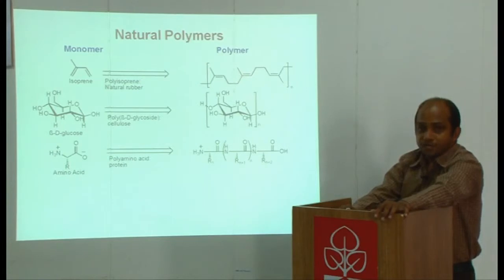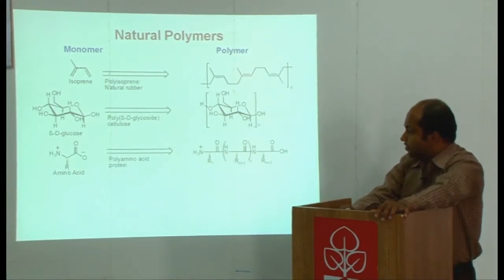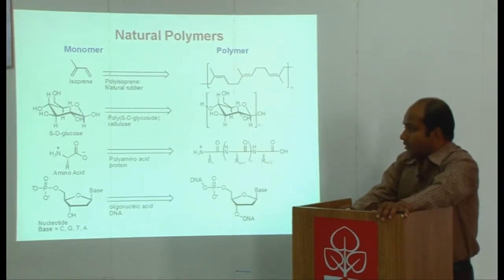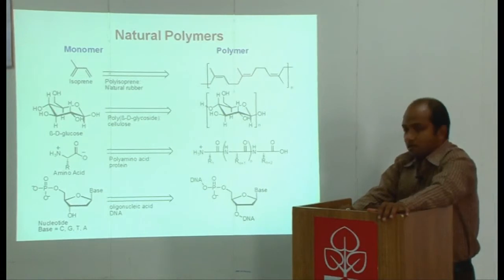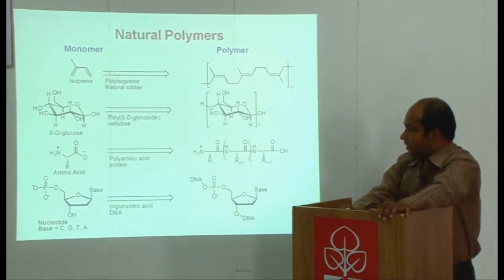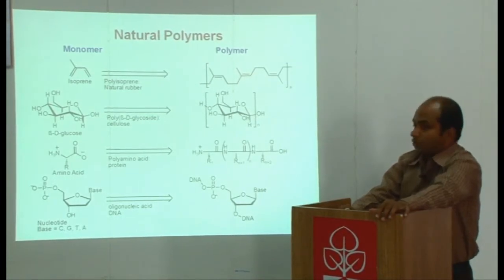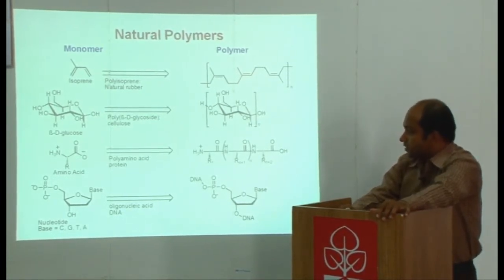Similarly, you have a protein. Protein is nothing but a polymer made up of several small units which are amino acids, and these are connected by the C double bond O NH linkage. And more importantly, in the cells you have nucleotides, and these nucleotides are very important as far as the body functions are concerned.